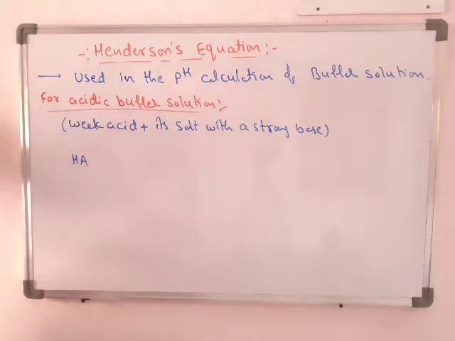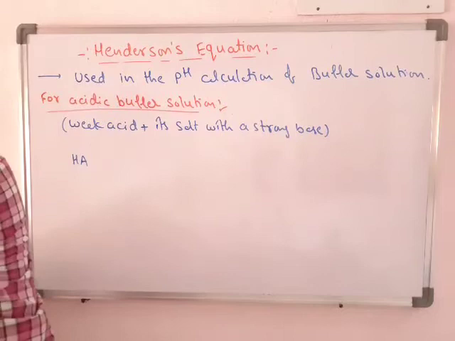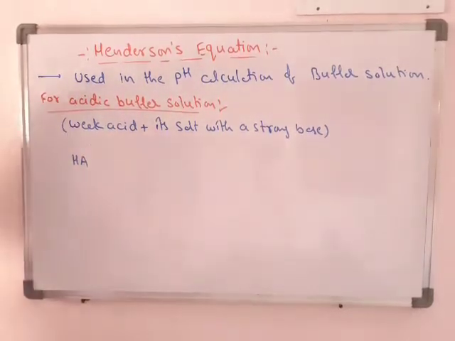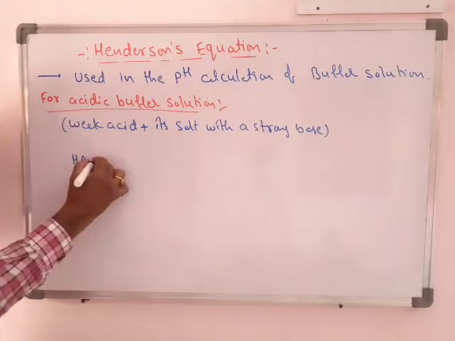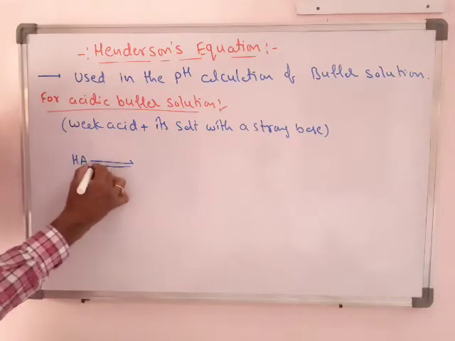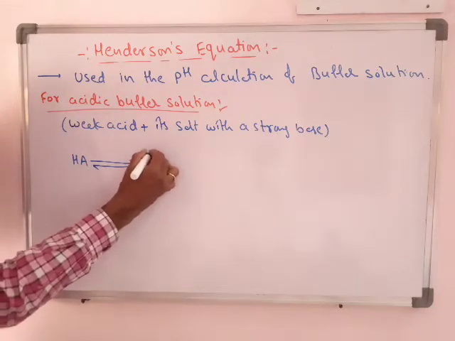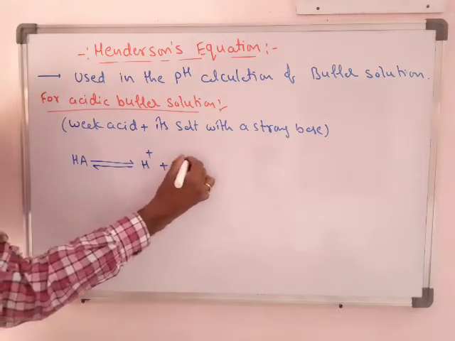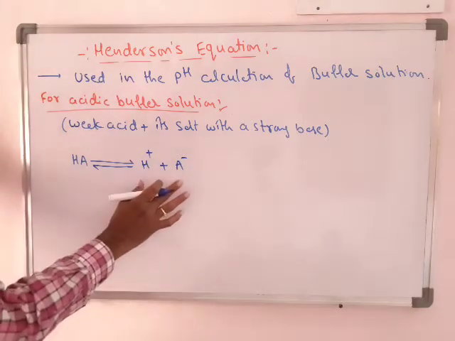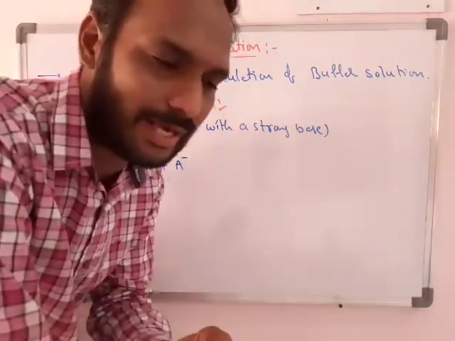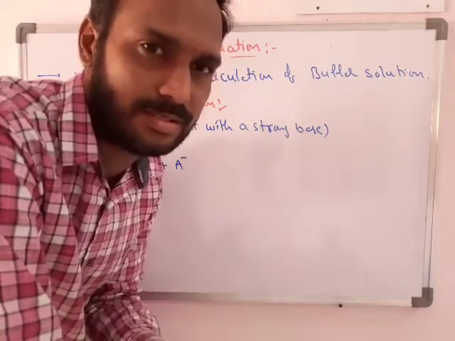We are taking a general weak acid as HA, and we know its dissociation is into H plus and A minus. This A minus anion is also present in salts.